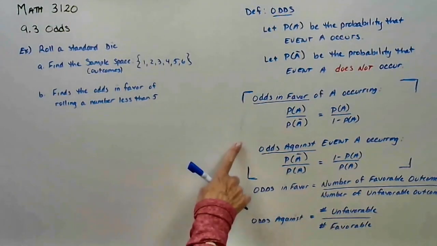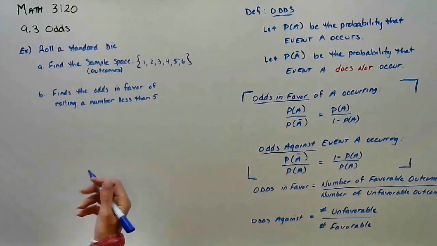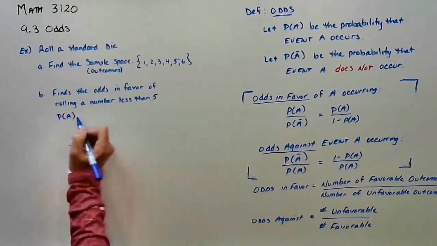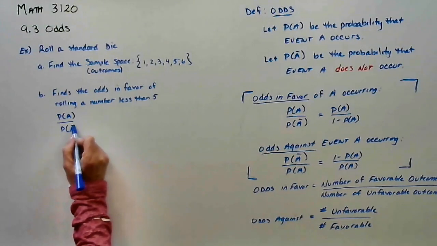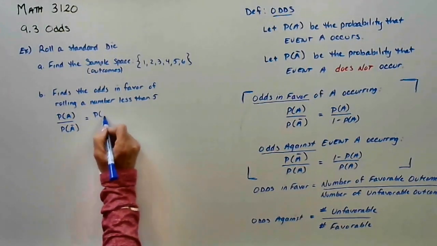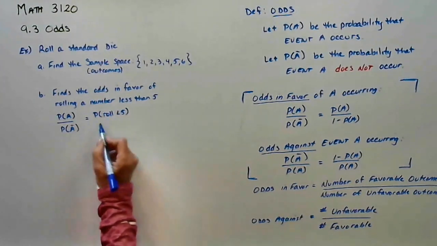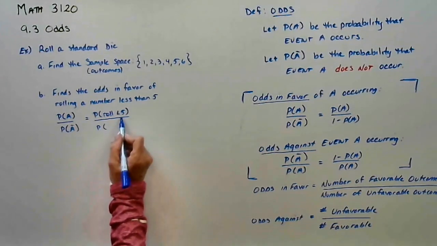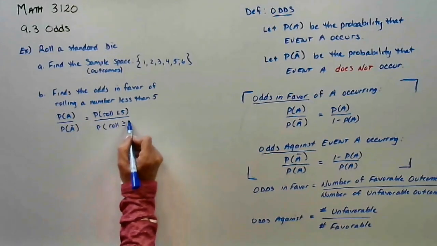So I'm going to use the definition and show you how the definition works. Okay, so if I take the probability of rolling a number less than 5 over the probability of not rolling a number less than 5. Now I'll put it in words. Probability that the roll is less than 5 over the probability, well, if it's not less than 5, then that would have to be greater or equal to 5.